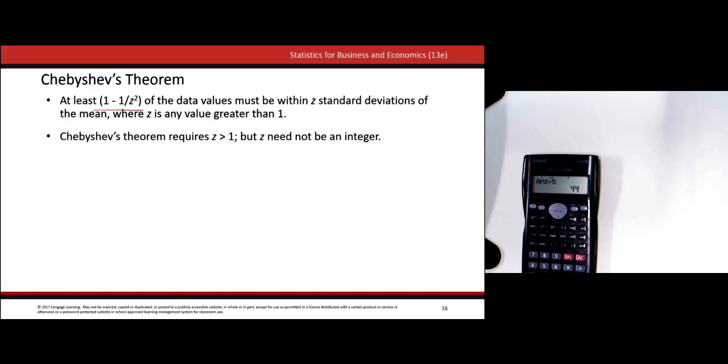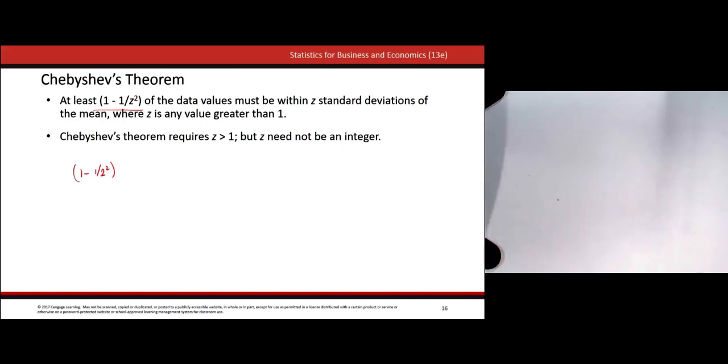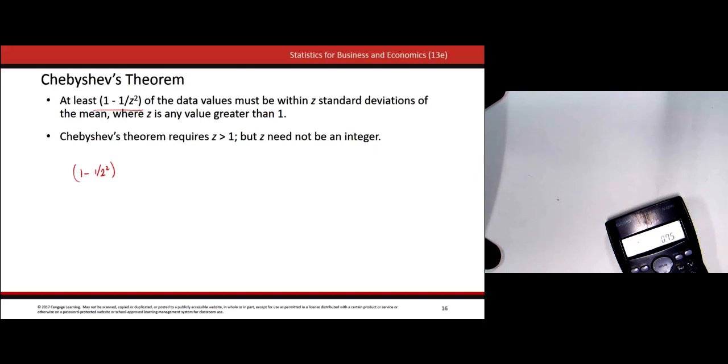Such as if z is 2, 1 minus 1 over 2 squared, which is 0.75.